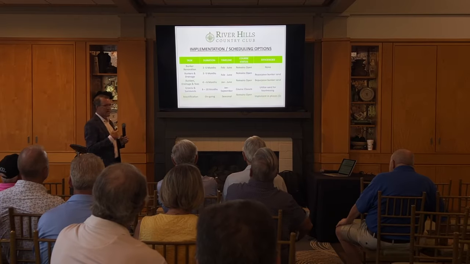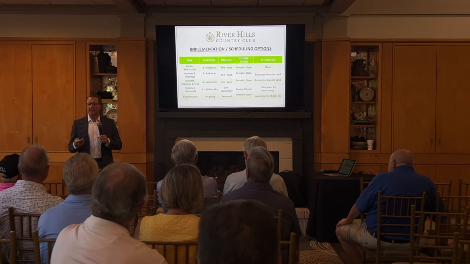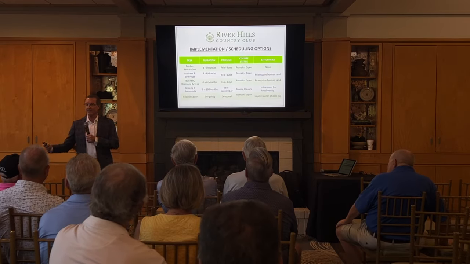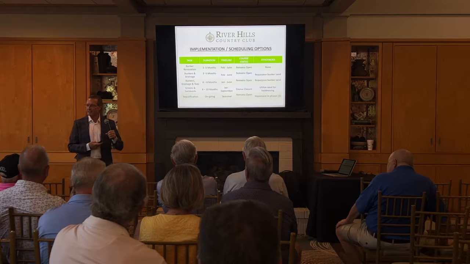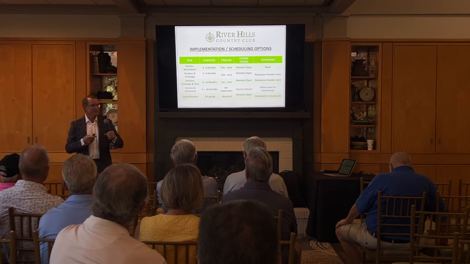A lot of times when you do multiple projects, there's economies of scale. And sometimes you can salvage the greens mix and use that for drainage or tee mix if you renovate the tees. So there is some synergy if you pick and choose to do more than one project at a time.